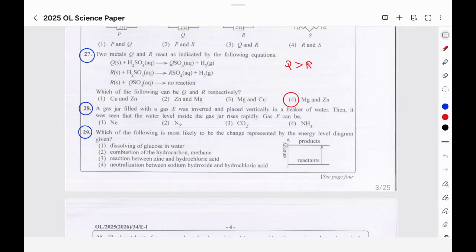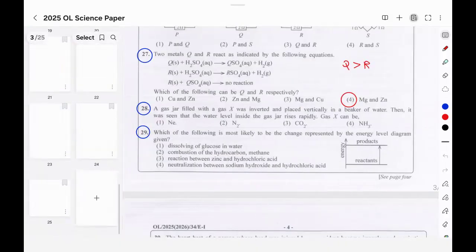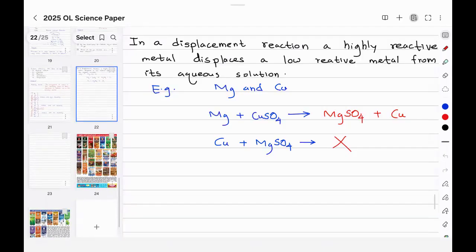Remember students, now here they have mentioned, this is MCQ number 28, right?